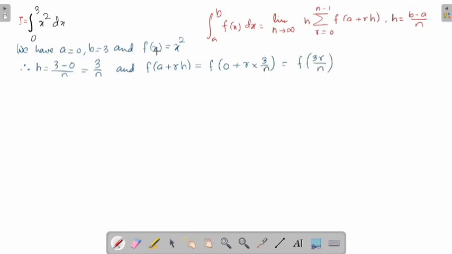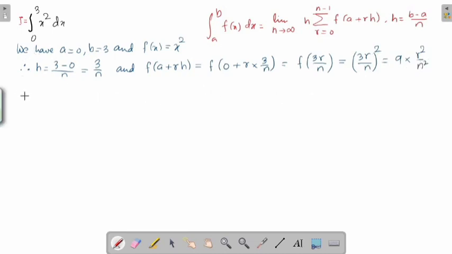Now in place of x, if I write 3r by n, I'll get x square. That is, in place of x we have this, so it will be 3r by n whole square, which is 3 square is 9, so 9 into r square by n square. I hope this much is clear.